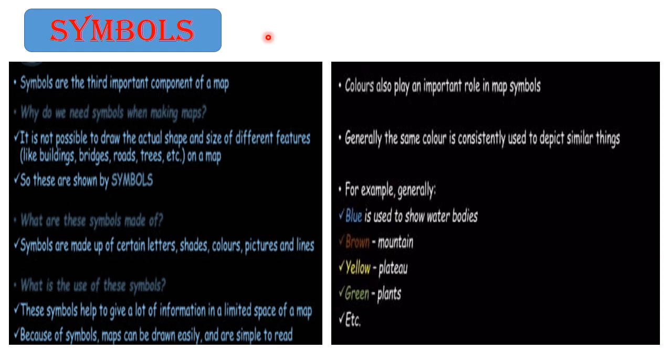These symbols help us give a lot of information in a limited space on the map, and because of these symbols, maps can be drawn easily and are simple to read. Colors play a very important role in map symbols. Generally we use blue for water bodies, brown for mountains, yellow for plateaus and green for plants or trees, etc.